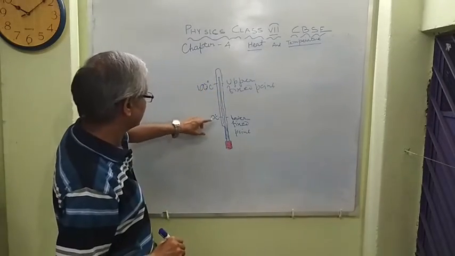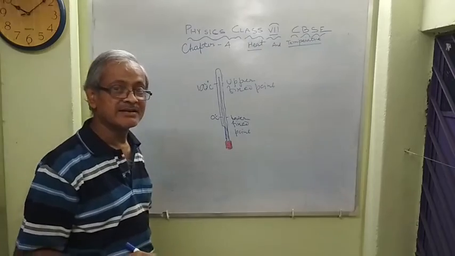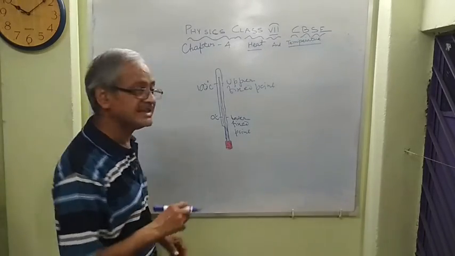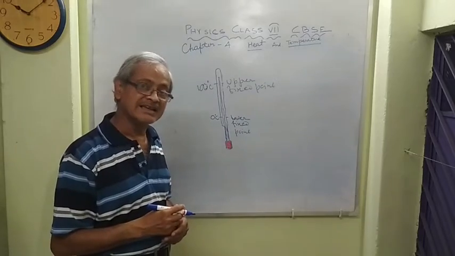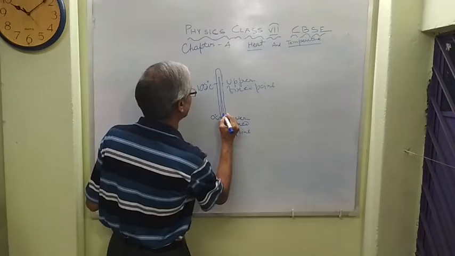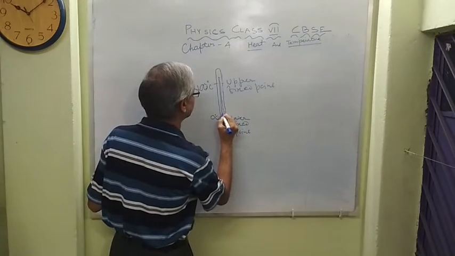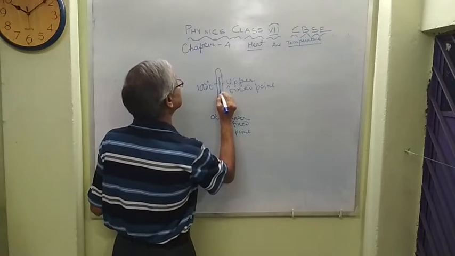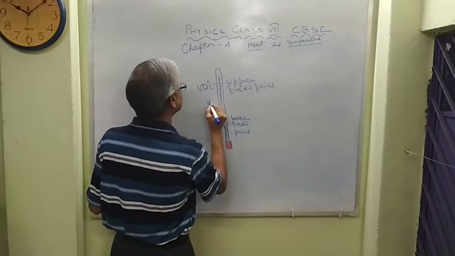Now, the scale is calibrated into 100 equal divisions. Each division is called 1 degree. We divide it into 100 equal parts in between them.